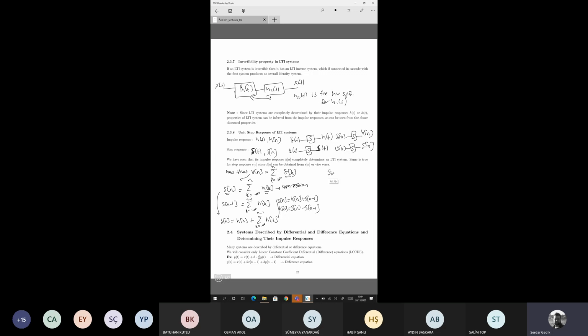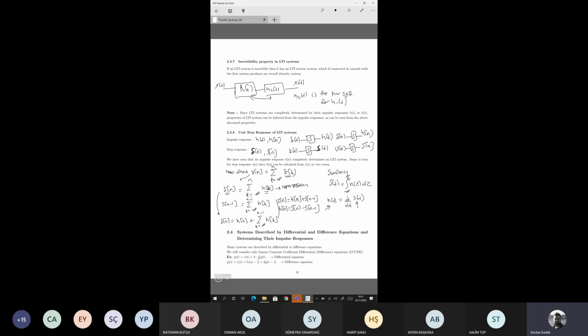Well, similarly, we have s of t as the integral from minus infinity to t of h of tau d tau. So it means that h of t is simply d by dt of s of t. Okay, so again, once I give you s of t, you can find h of t, and since h of t completely characterizes a continuous time LTI system, so does s of t.